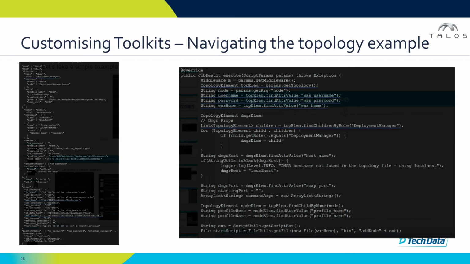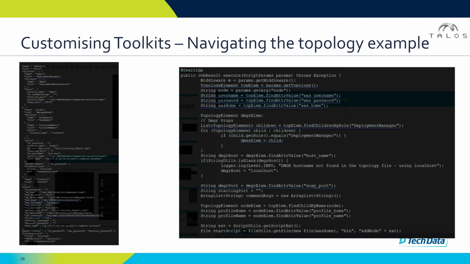We can then cycle through those topology elements and assign, in this instance, there is only one DMGR element, so we're just going to set that DMGR LM variable to child. If there was more, for example, we're finding children by role node, there might be 6 or 7 that came back, and so we could do what we needed to do within that loop.